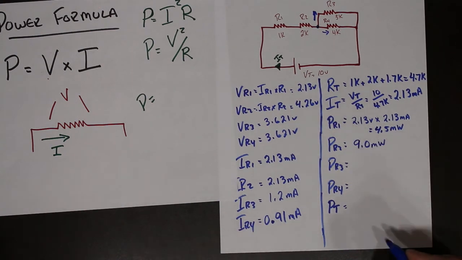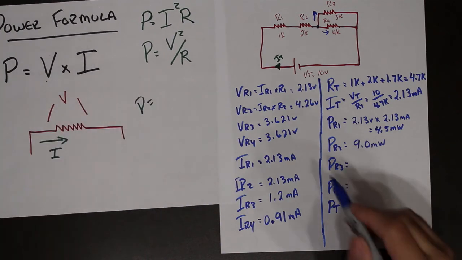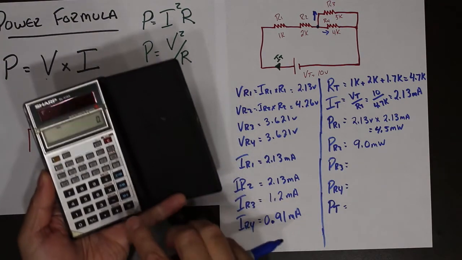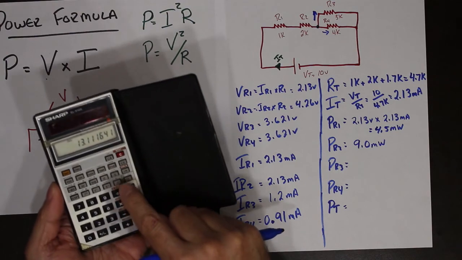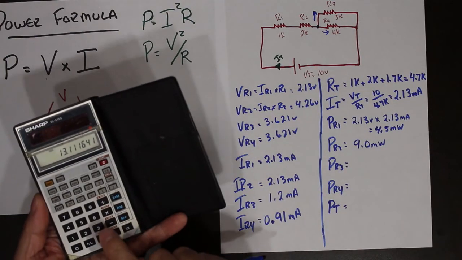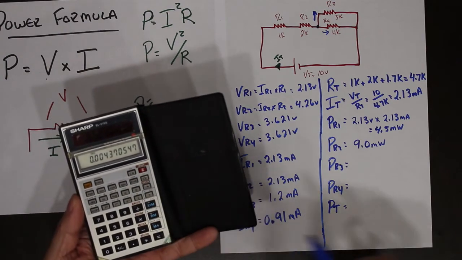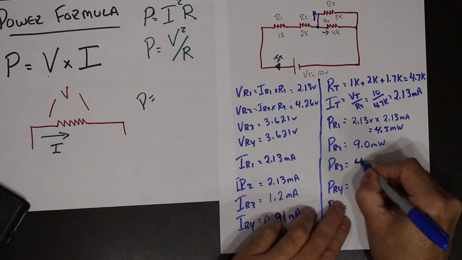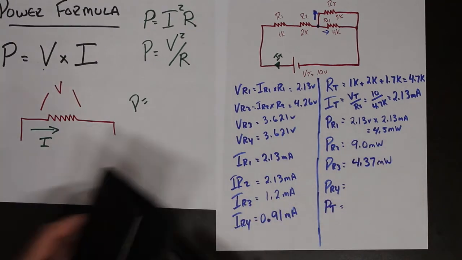Let's calculate the last two. Let's use this formula. So PR3, we got 3.621 squared divided by 3K equals 4.37 milliwatts.